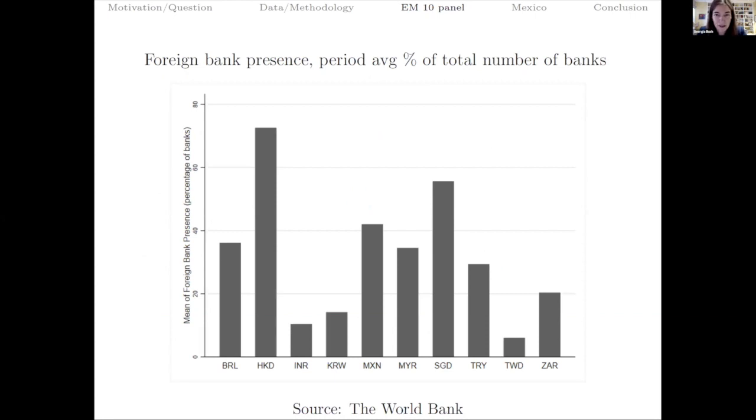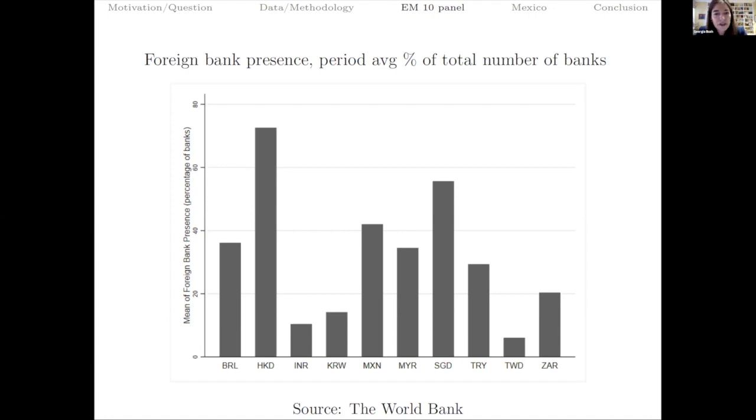This is the average percent of foreign banks as a percentage of the total number of banks. So I'm just showing you the average. There is some time variation in this variable, so there's a little bit of an advantage to using this variable.